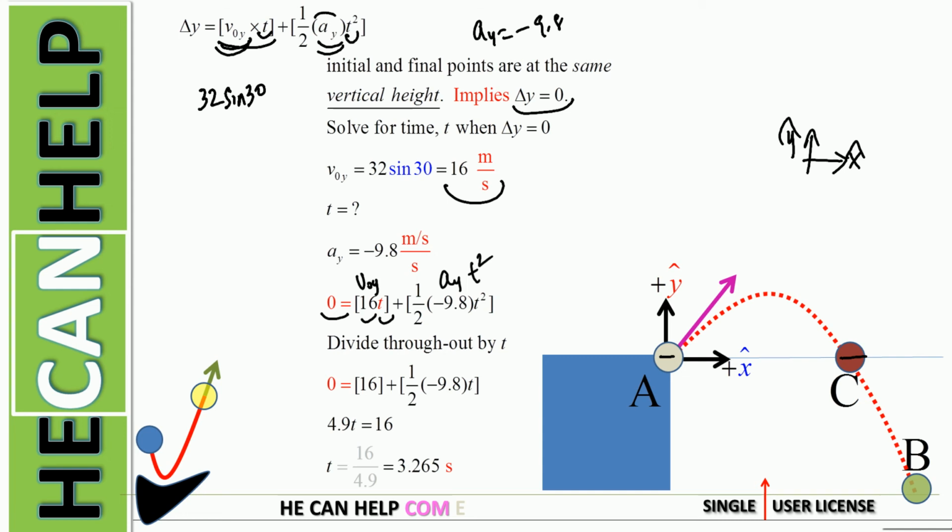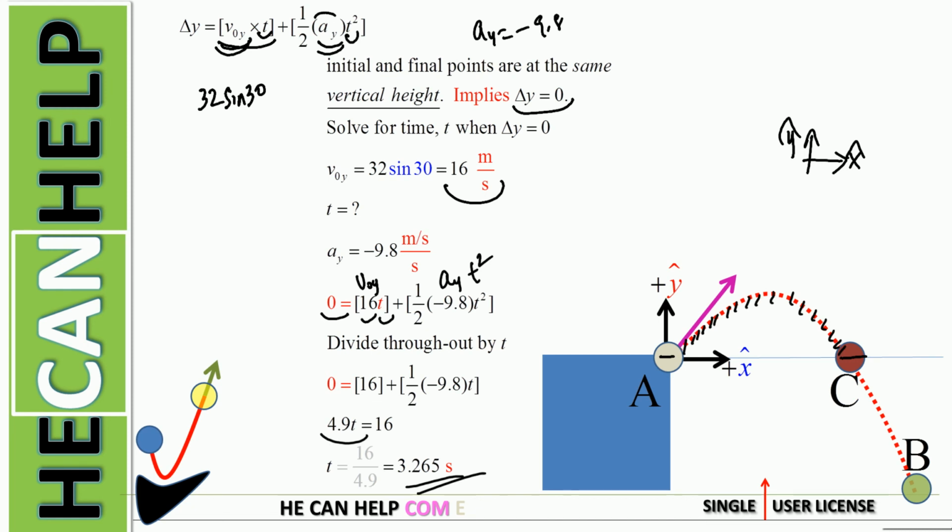Negative 4.9t, when you take it to the left, becomes 4.9t, and you set it equal to 16. Divide both sides by 4.9, and you get t is equal to 3.265 seconds. That is the time to go from A to C.